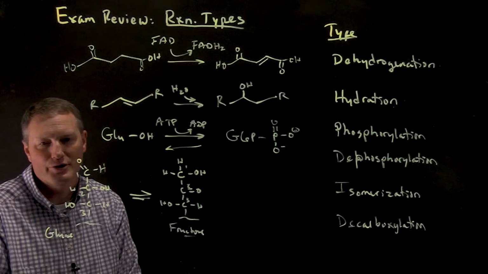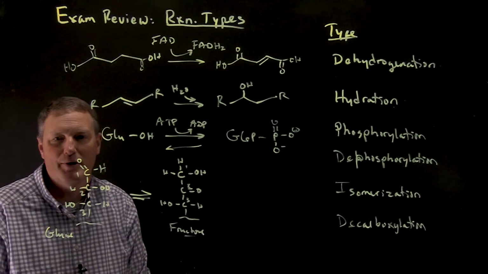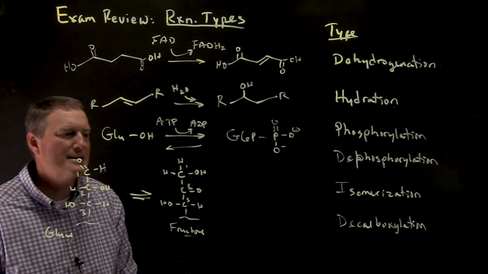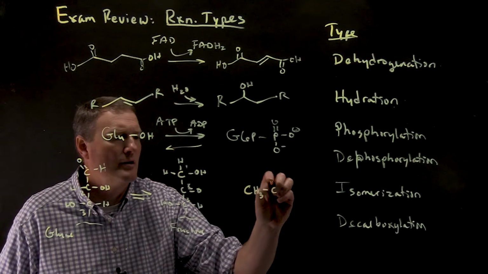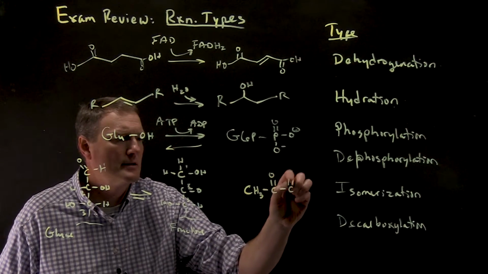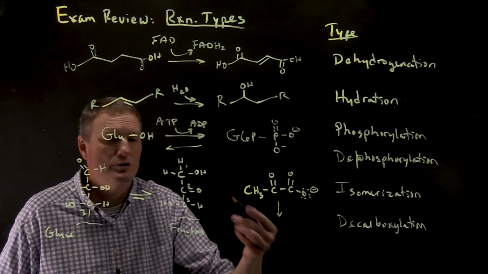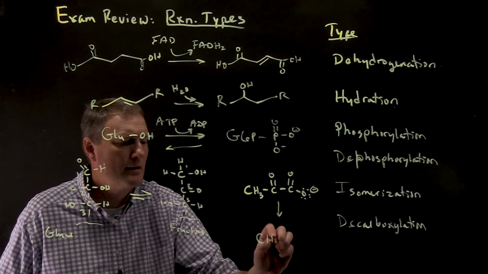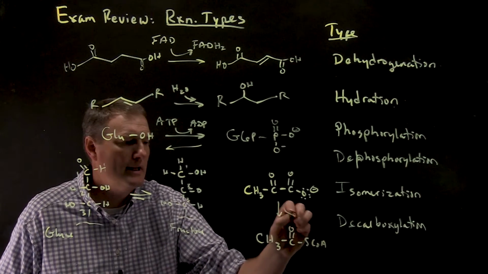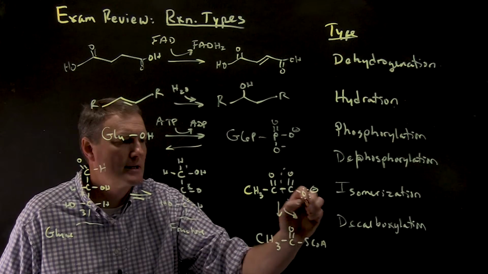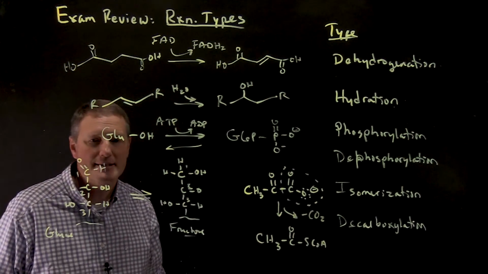Lastly, decarboxylation reactions. As the name implies, that's going to involve the liberation of CO2. The classic example of that one was the conversion of pyruvate to acetyl-CoA. In that process, this carbon comes off as CO2. That's called a decarboxylation.